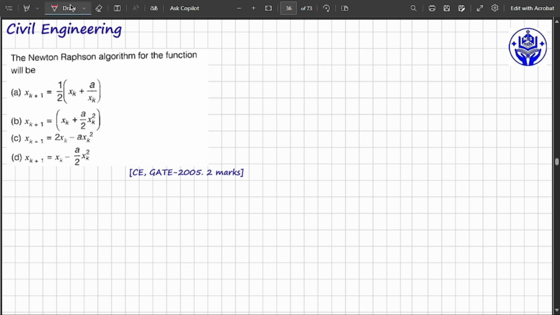Next, the Newton-Raphson algorithm for a function. What is the Newton-Raphson algorithm for any function?